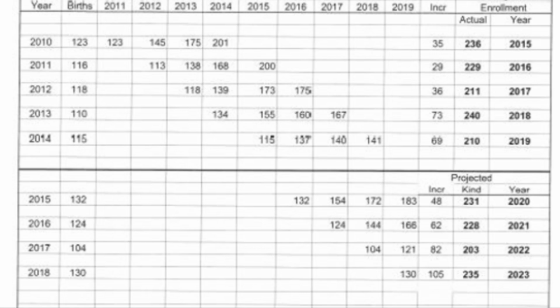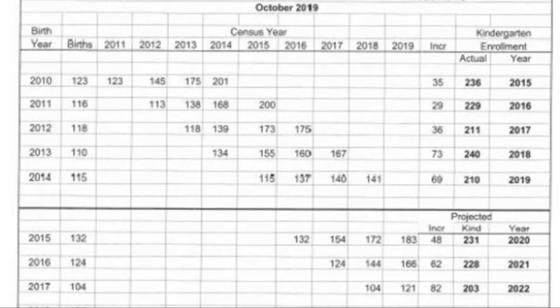And we do that for 2 years out, 3 years out, and 4 years out. Then we come up with what the average was for when a student was included in the census and the number that actually showed up in kindergarten when it was time for them to enter. Does everyone understand that?